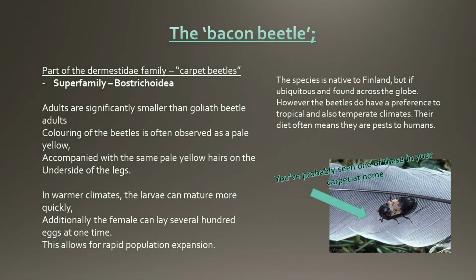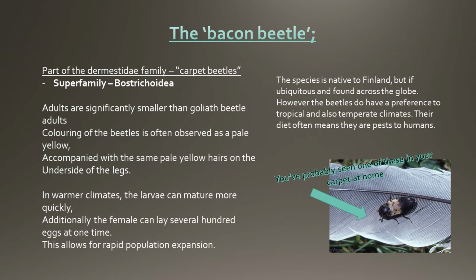This species has a much simpler requirement for egg laying, and it only requires a damp substrate. Due to this, they can extremely rapidly reproduce, as opposed to the Goliath, which is very slow.